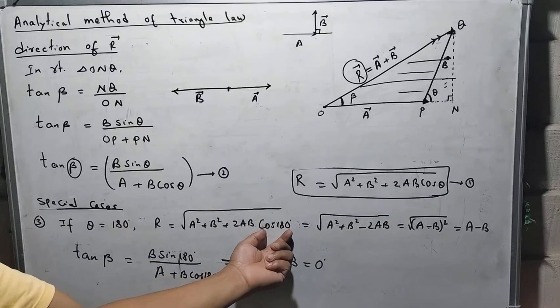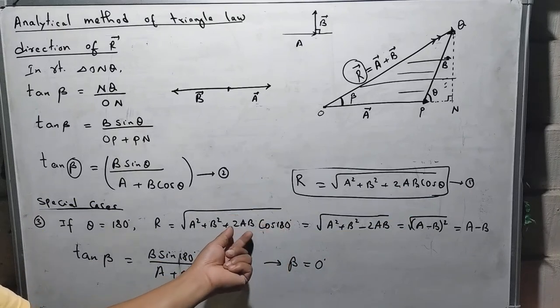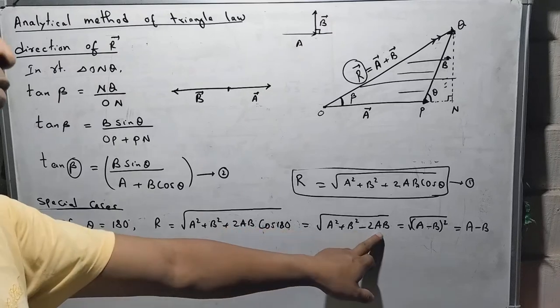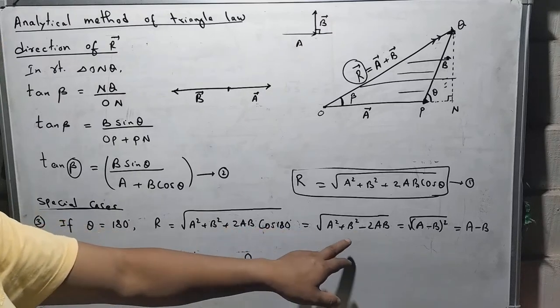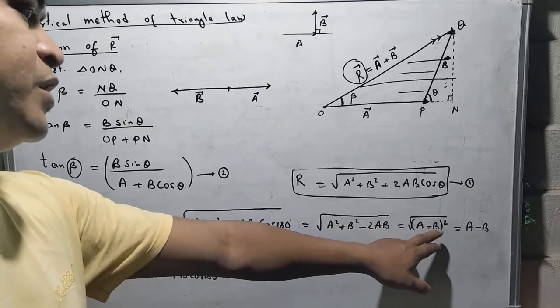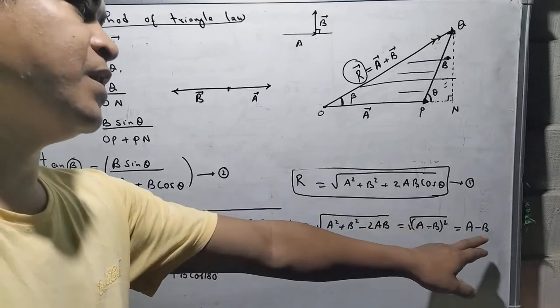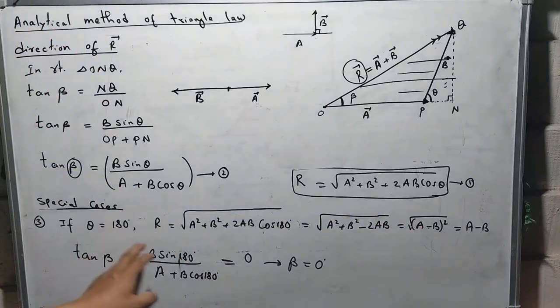You know cos 180 is equal to minus 1. So minus 1 into plus 2AB will become minus 2AB. So this comes from the formula A square plus B square minus 2AB, which means A minus B whole square. So this square with the root cancels, you'll have only A minus B.